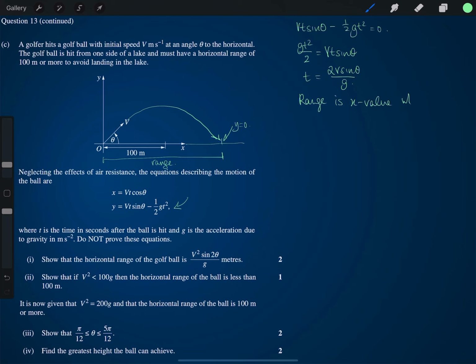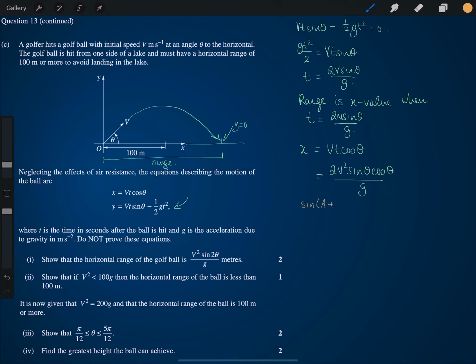And so what we want to know now is, what's the x value at time 2v sine theta on g? If we substitute that into our x displacement equation, we've got vt cos theta, which is 2v squared sine theta cos theta on g.